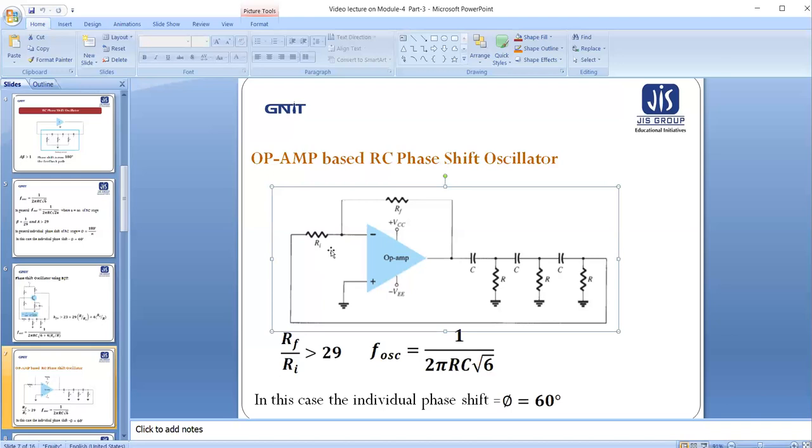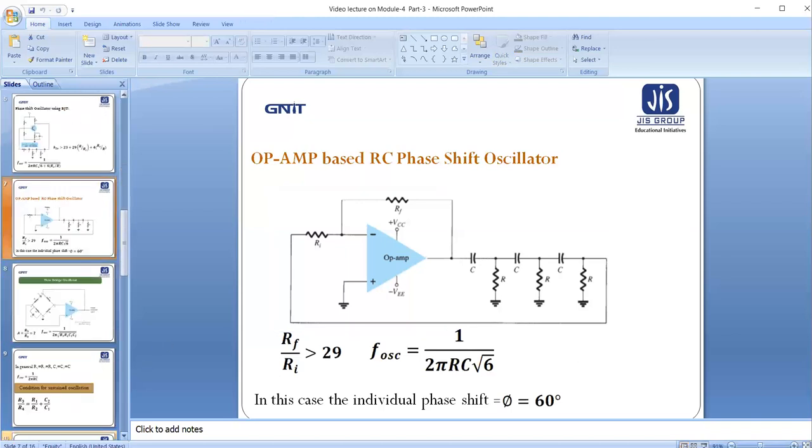So RF by R1 must be greater than 29 in order to get a sustained oscillation. The frequency of oscillation is equal to 1 by 2 pi RC root 6 due to the 3 stage RC network, and the individual phase shift will be 60 degrees because 180 divided by n, where n equals 3 here.